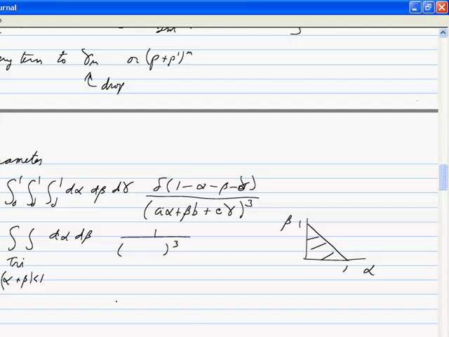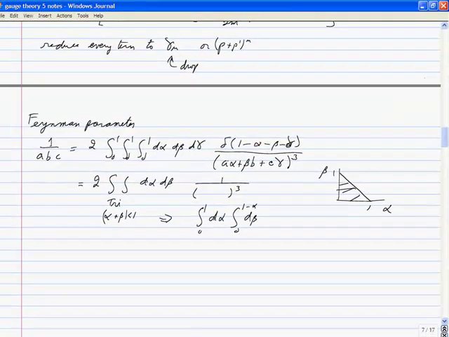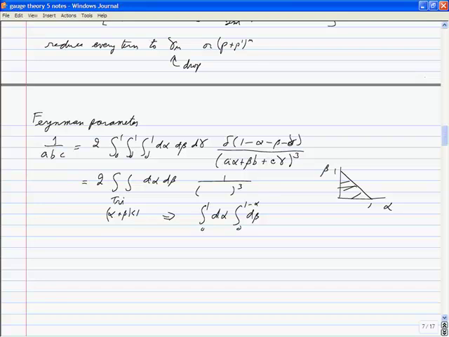Or the way I'll actually do the integral when I get to it, I'll do the integral d alpha d beta. I do the integral beta 0 to 1 minus alpha, and then I do the integral alpha 0 to 1. That's what I'll end up doing, but you could of course reverse that. It's symmetric. And let's point that out because I'm going to use that.